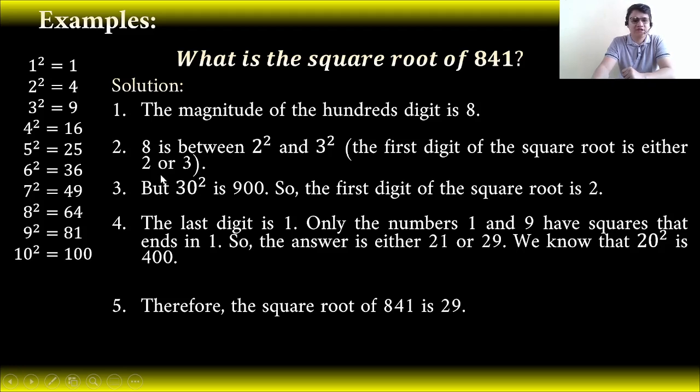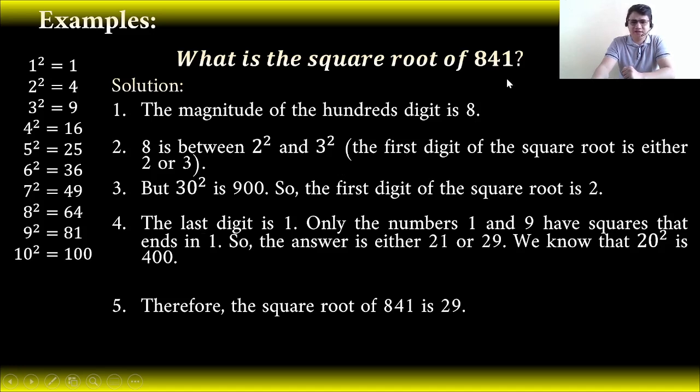We can forget the remaining squares because it's only between 2 and 3. However, we know that 3 squared is 9, so 30 squared is 900. The first digit of the square root is obviously 2, because we reject 3, since 900 is greater than 841.